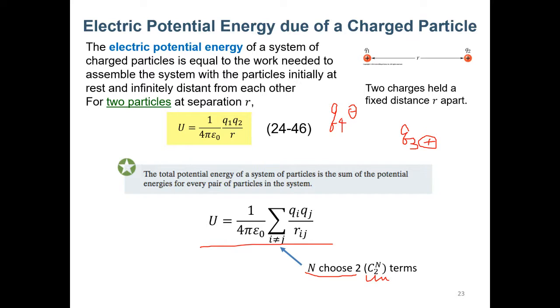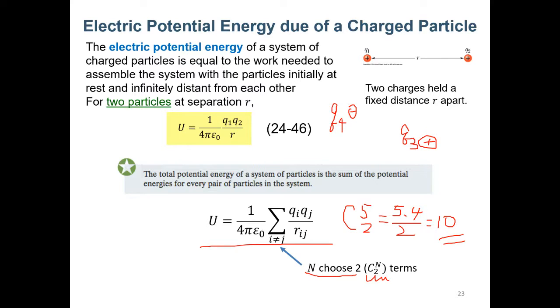If there are 5 particles, there will be 5 times 4 over 2, which is 10 terms. I suppose you have learned probability. If there are 6 particles, 6 times 5 over 2, which is 15.